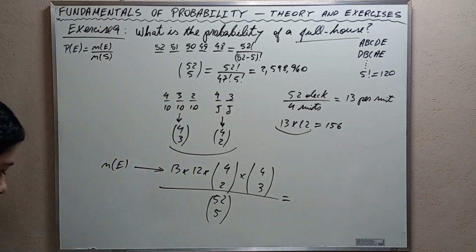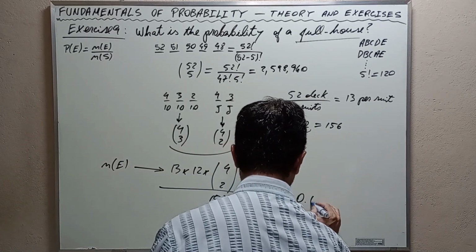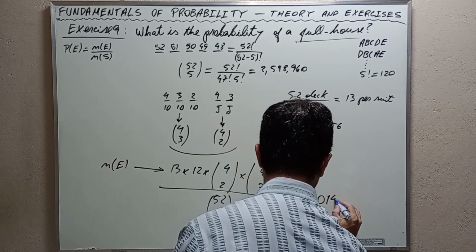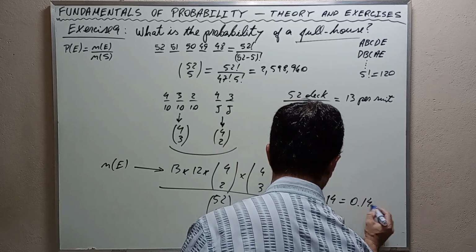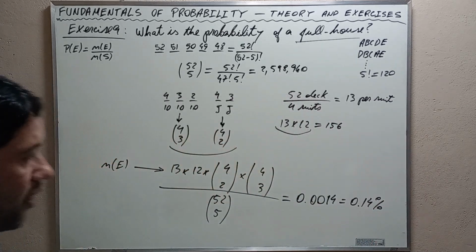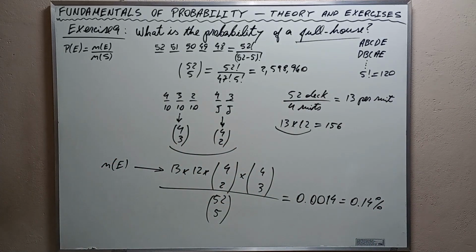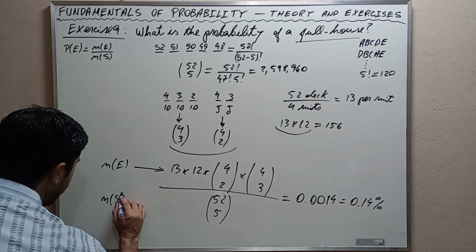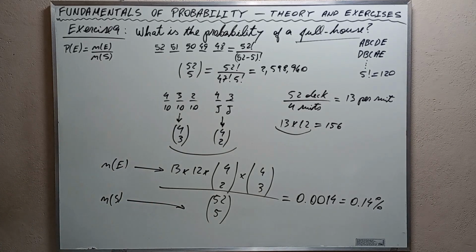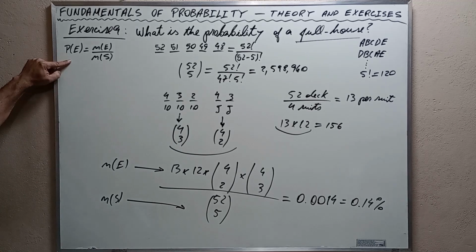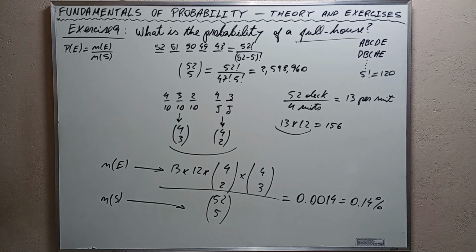And this is equal to 0.0014, which is equal to 0.14%. And this number is the probability that one is dealt a full house in poker, my friends. This is the number of elements of the sample space, and we are calculating this probability here, okay? The probability of the event of interest, which is to be dealt a full house in poker.